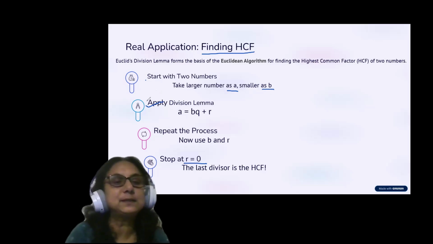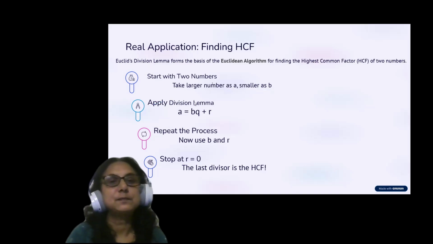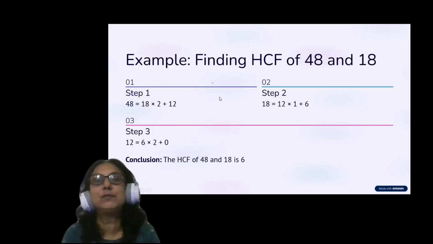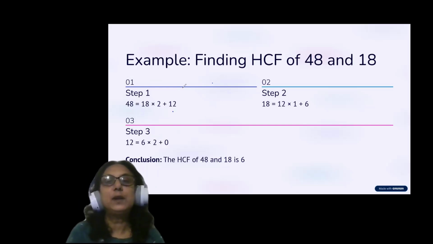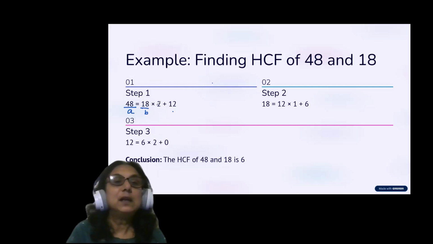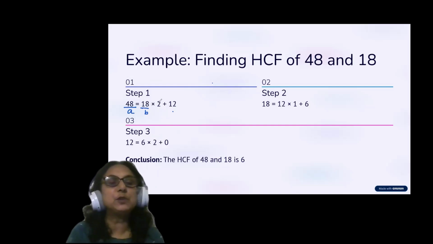We can understand this using one example: finding the HCF of 48 and 18. Here 48 is A and 18 is the smaller number B. How many groups of 18 can be made in 48?